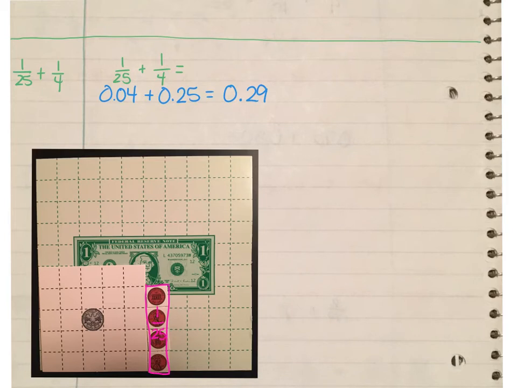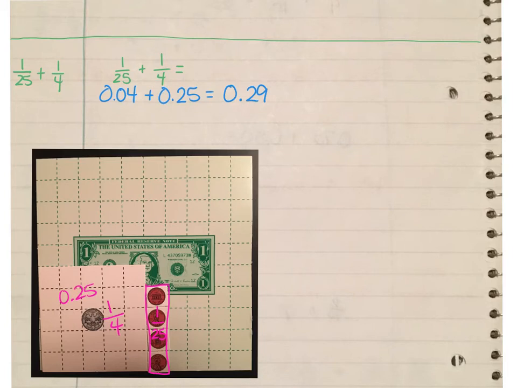And I have my 25 cents right here, which is the same as 1/4. So I have my 1/4 plus my 1/25. That equals 29 cents. Now, what fraction does this equal?